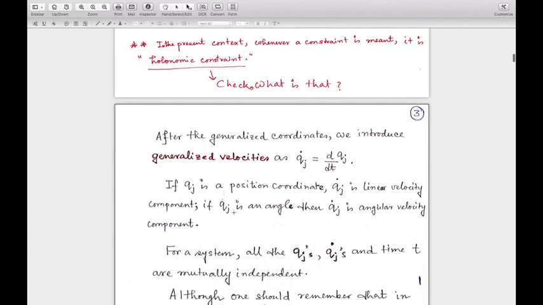If q_j is an angle, then q_j dot is an angular velocity component. If q_j is a position coordinate, then q_j dot is a linear velocity coordinate. So we will not try to make a generalized velocity vector, q dot bar or q dot vector. That doesn't have any meaning in this case.